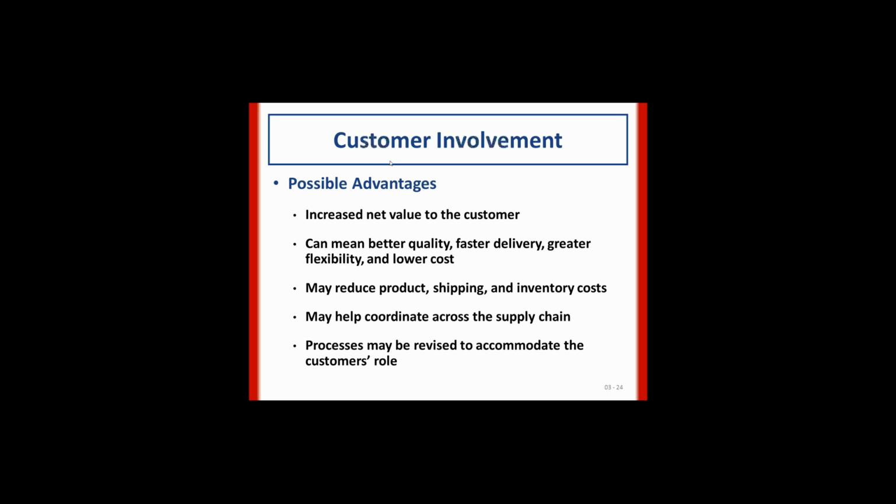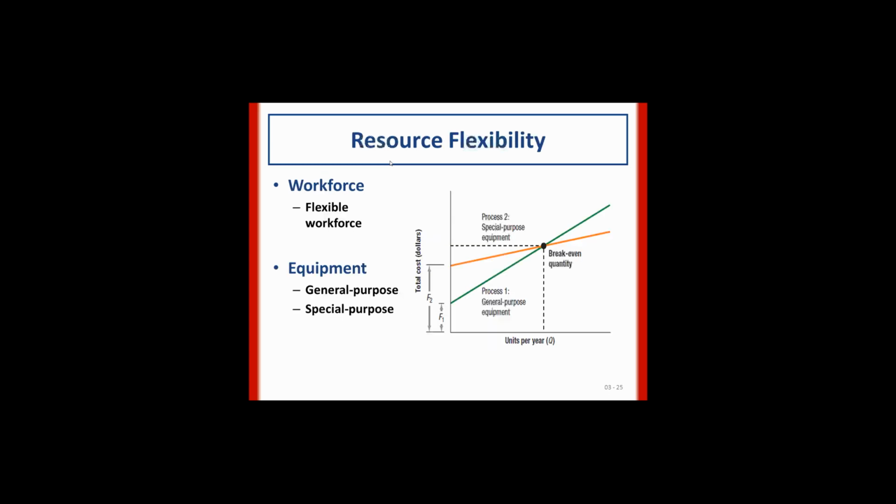It may help organization reduce product, shipping and inventory costs. It may help organization coordinate across the supply chain. In order to take advantage of the customer involvement, some processes may have to be revised.